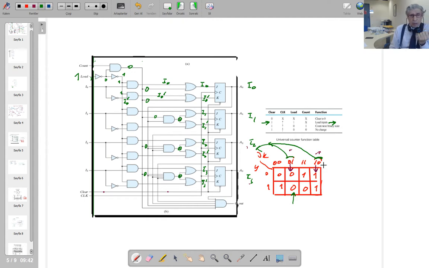The one thing I've got to remind you is that this is what we see inside the MSI element. Normally we are not going to go inside the MSI element. We are going to use this element in order to do the counting. So if you have one of these universal 4-bit counters, this is the one inside.